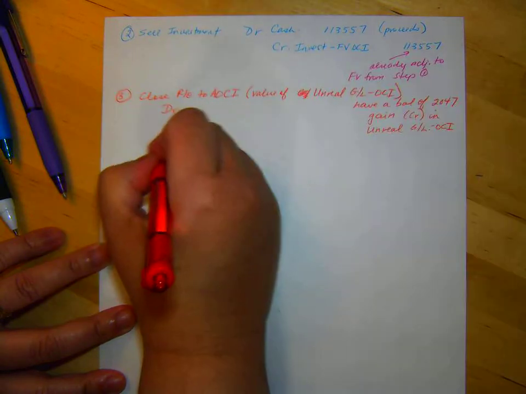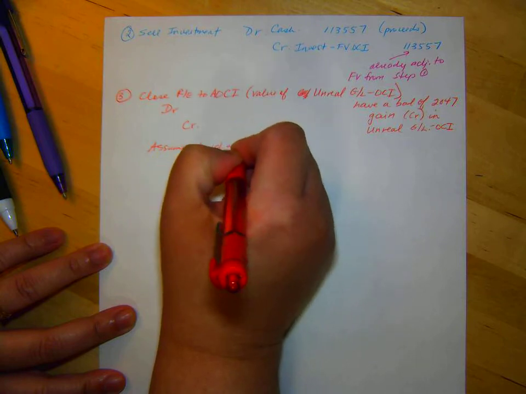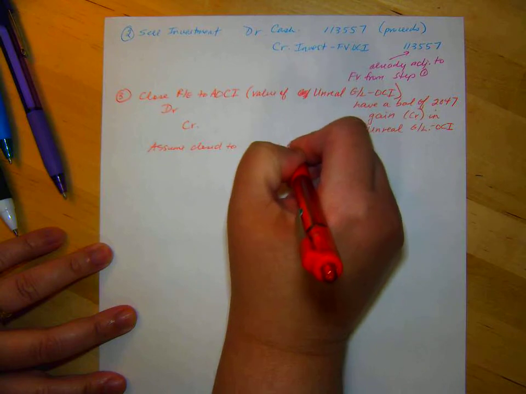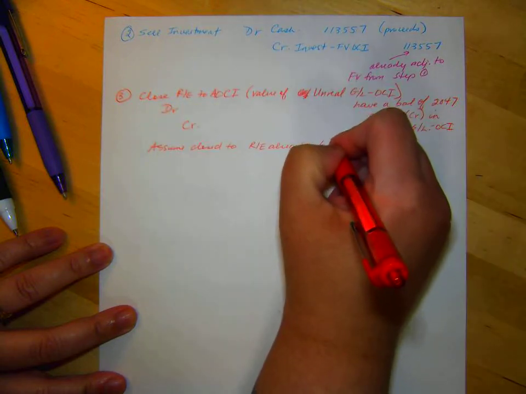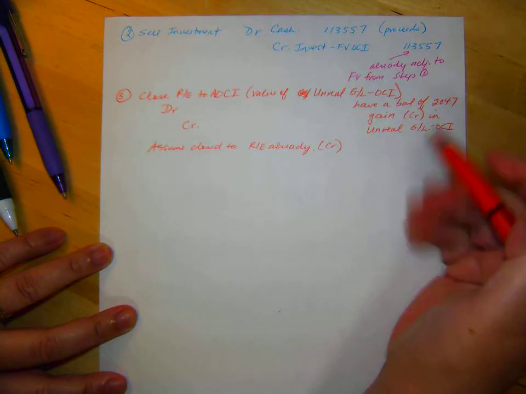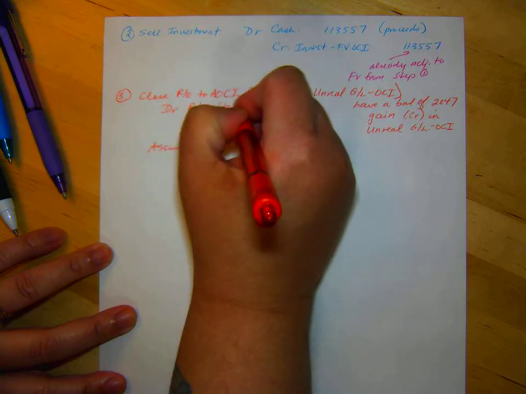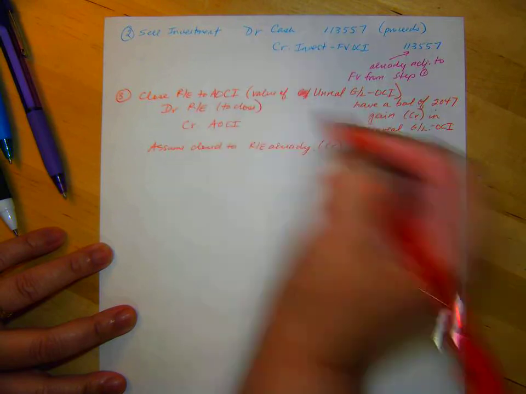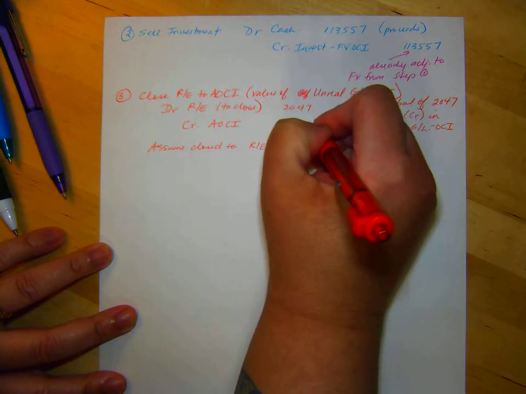So we assume closed to earnings already. So we're going to, and that'll be a credit because it'll match. It'll increase retained earnings because it was a gain. So we're going to debit retained earnings to close. And AOCI for 2047.